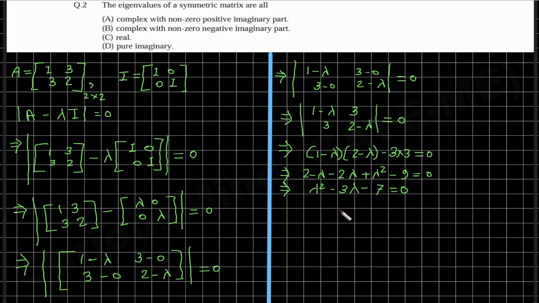We can solve this quadratic equation either by factoring or by using the standard solution formula of the quadratic equation. Since factoring seems to be a little bit difficult, we would use the solution formula of the quadratic equation to determine the value of lambda.